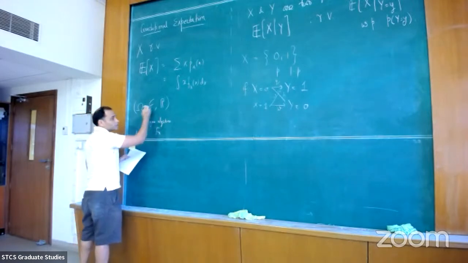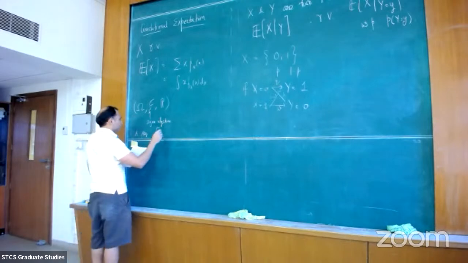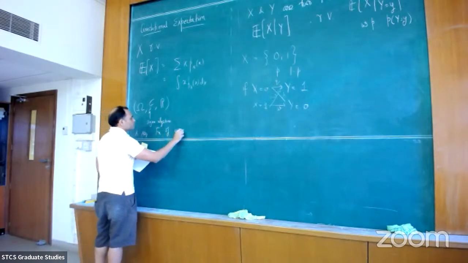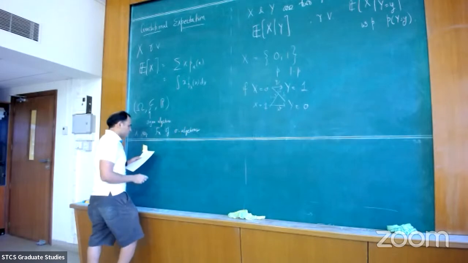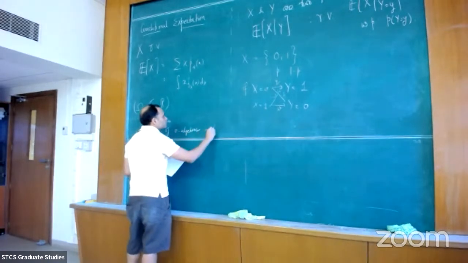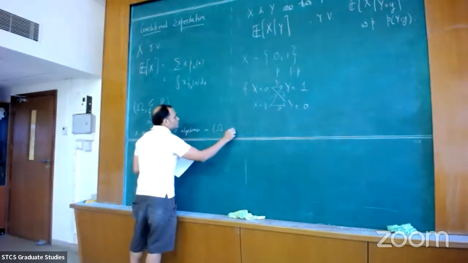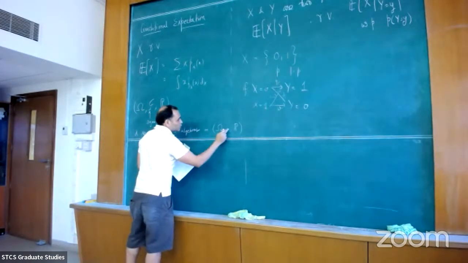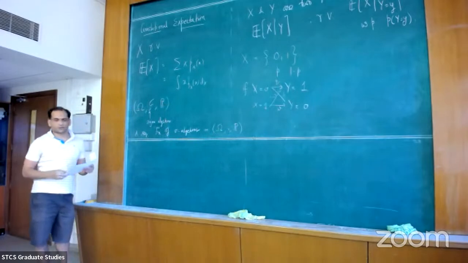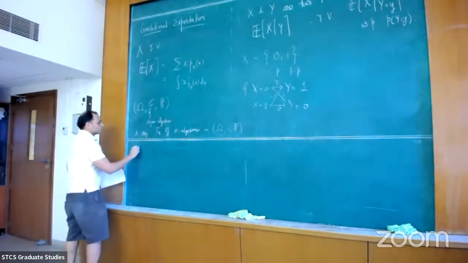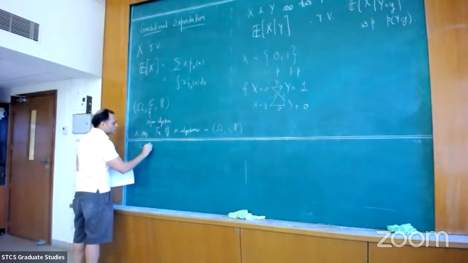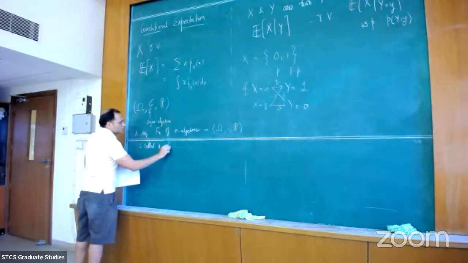I'm defining a sequence of sigma algebras. Essentially, that's what is taking values. The F_n is nothing but the filtration going into that. This is called a filtration.